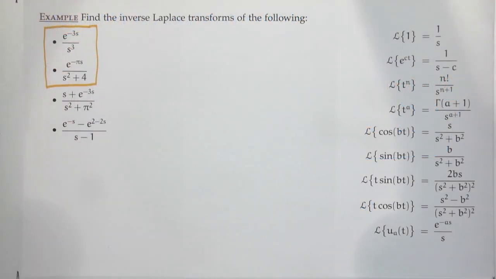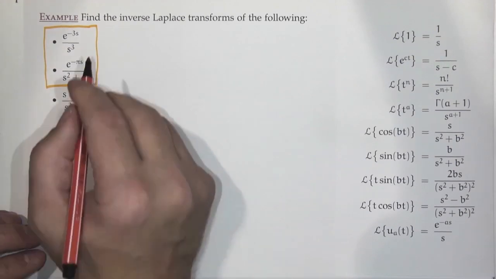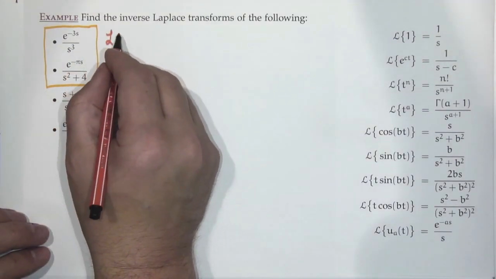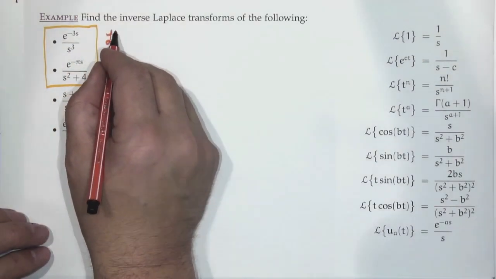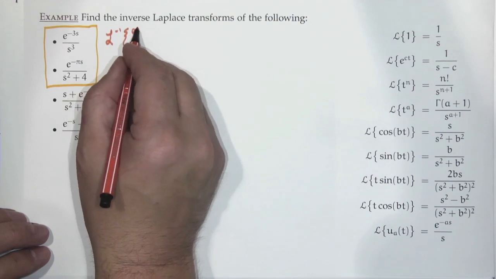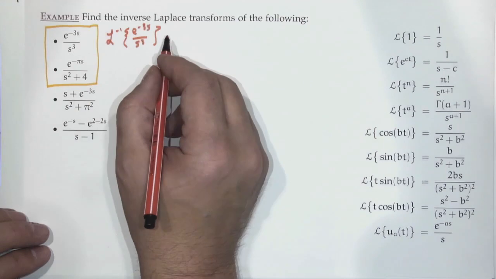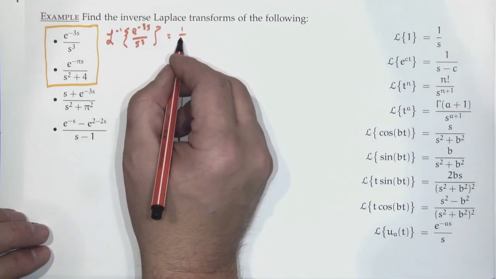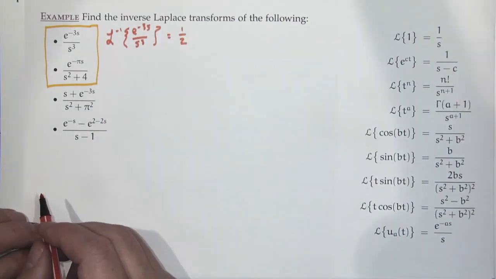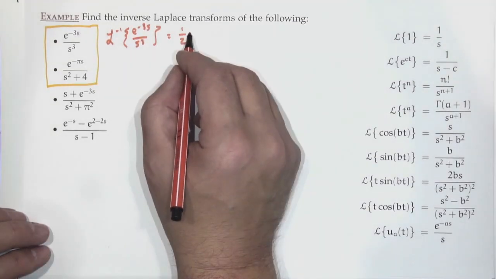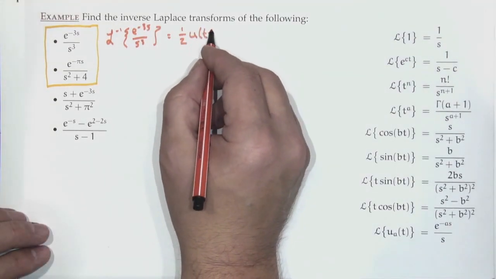Do we have an answer? The inverse Laplace of e to the minus 3s over s cubed. Someone said a half? Okay, 1/2 u of t minus 3.